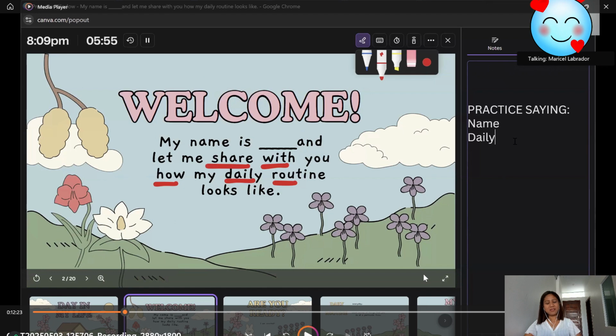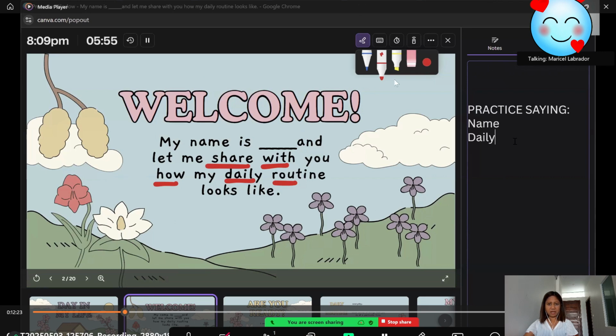So that's how I do it, guys, as I mentioned earlier. I have the student corrected whenever they mispronounce a word, right after they finish reading a sentence or a paragraph. And as you can see on Canva, this platform is actually very useful.